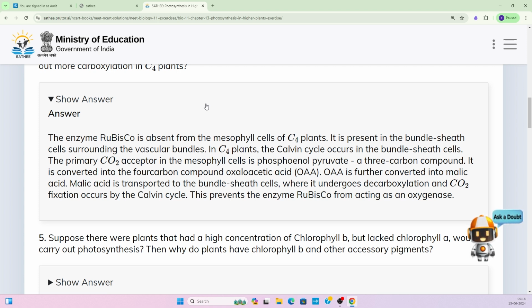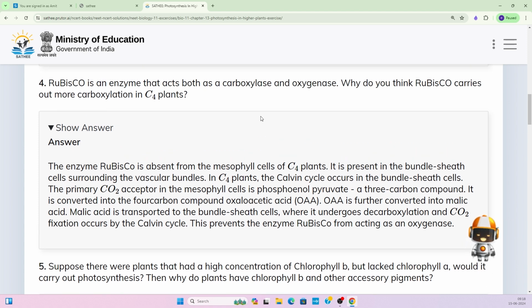Whereas in the case of C3 plant, it can show the oxygenase as well as the carboxylase activity. But here in the case of C4 plant, it is only showing the carboxylase activity. So this is a very important point. And this was the question.